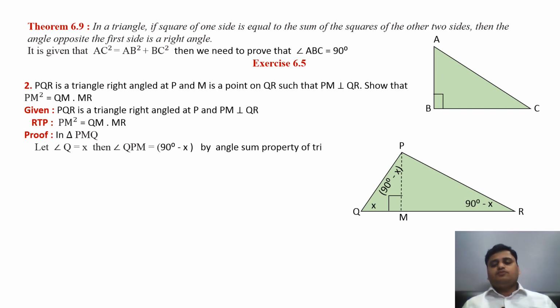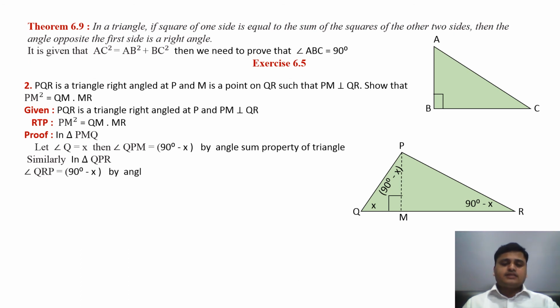By using the angle sum property, we can prove this angle is equal to 90 degree minus X. Similarly, in triangle QPR, we will use the angle sum property again. Q is given, and angle QRP can be obtained as 90 degree minus X by using the angle sum property of a triangle. Now after this, we are going to prove two triangles similar.